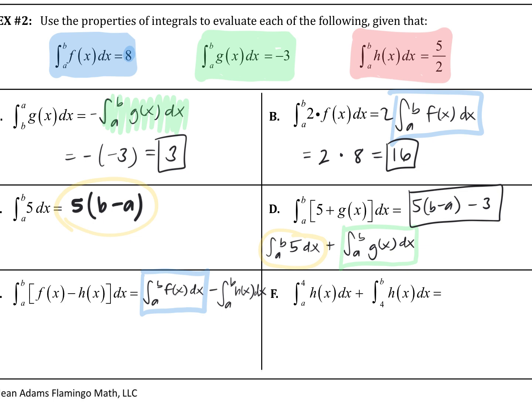And then we know the integral from a to b of h of x is going to equal what? 5 halves. Okay, so I can evaluate this by plugging that in. So I've got 8 minus 5 halves, which would be the same thing as if I made this into a common denominator. It would be 16 over 2 minus 5 over 2. So that would equal 11 halves, or 5.5.